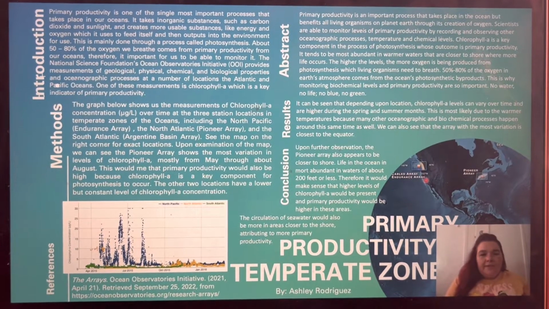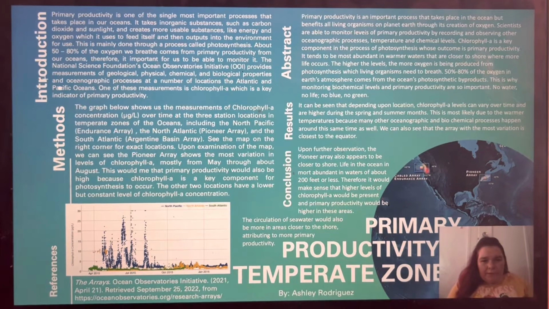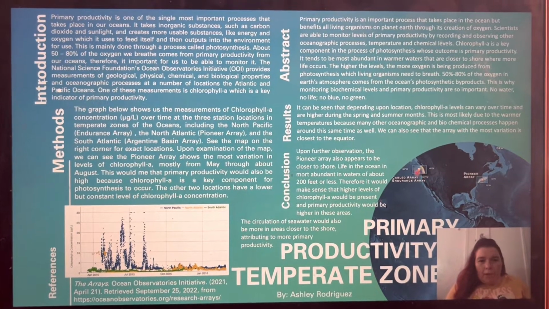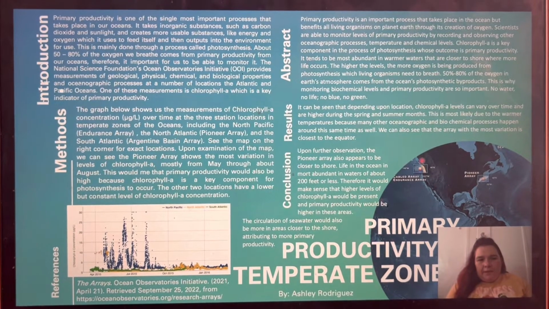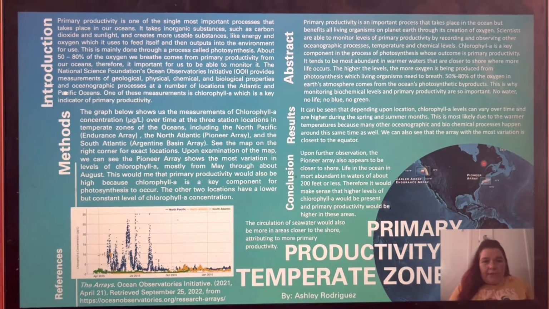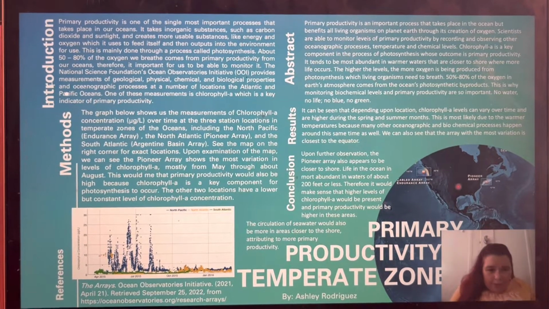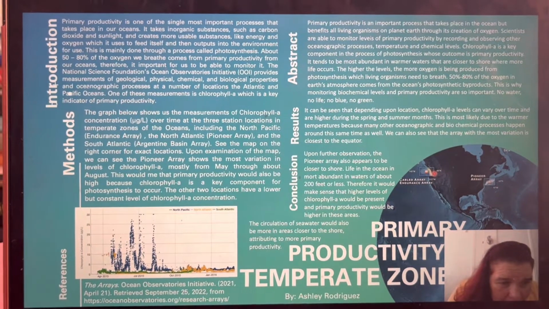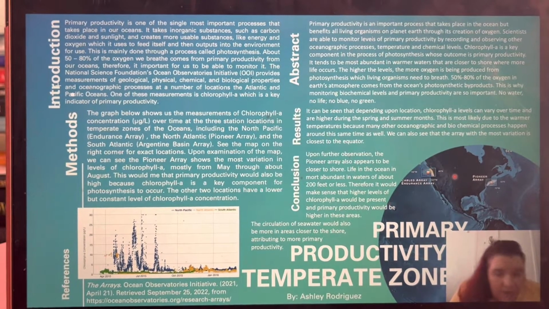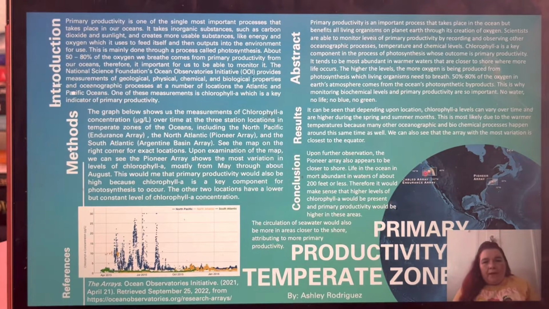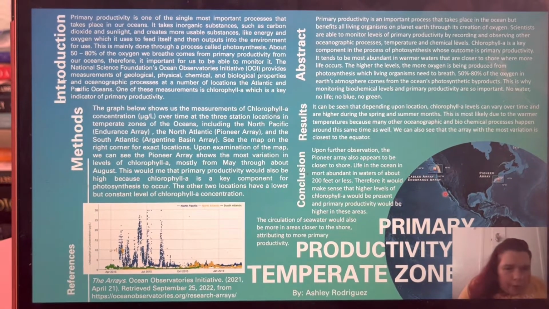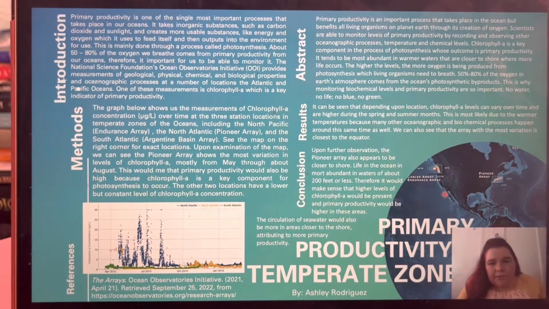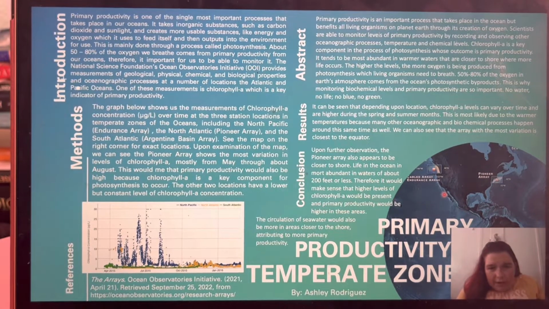You can kind of see from the map, for the most part, the green and the yellow stay pretty low, but over here we have some variation in the levels of chlorophyll A, right? If you look really closely at the small writing, it is in the North Pacific. There you go. So that one is the Endurance Array. That's going to be this one right here.